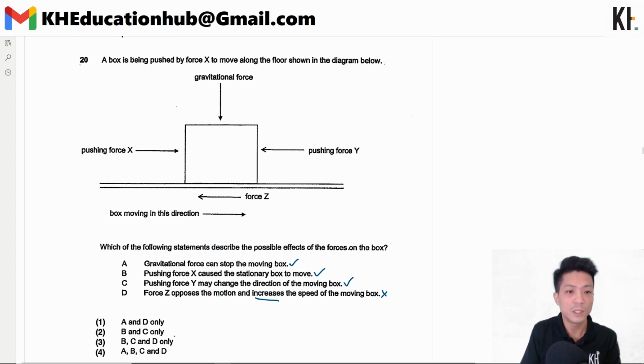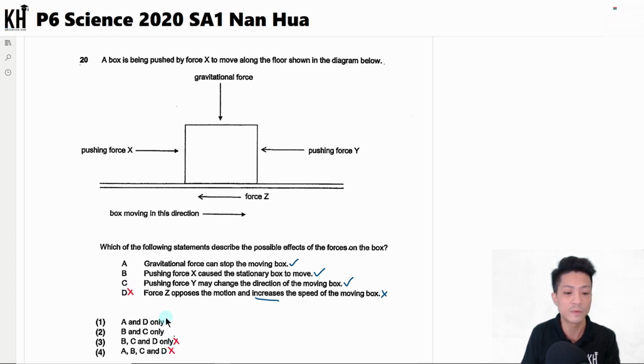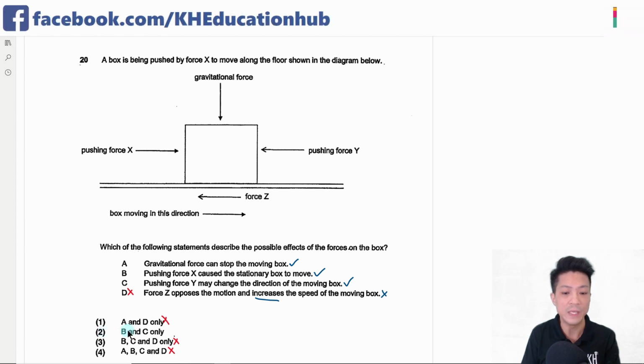Okay, so by elimination, I know that D is definitely wrong. Okay, so those answer with D is out. So for the answer key, it chose only B and C. So we're gonna go along with number 2, which is the correct answer.